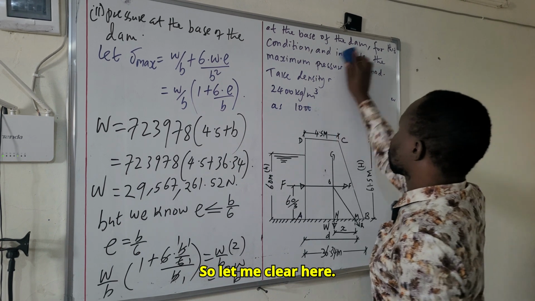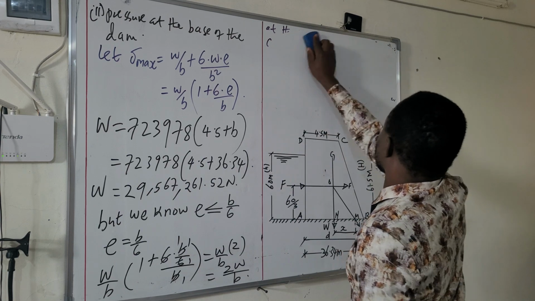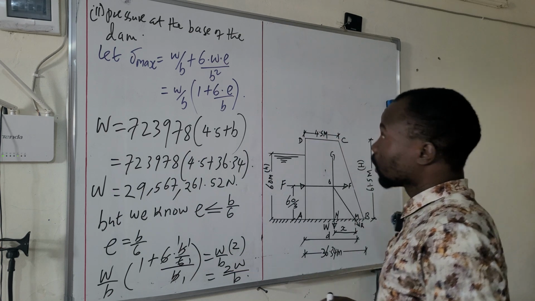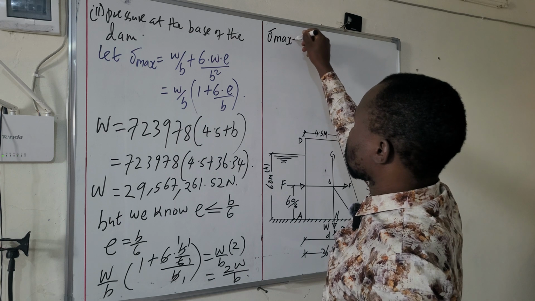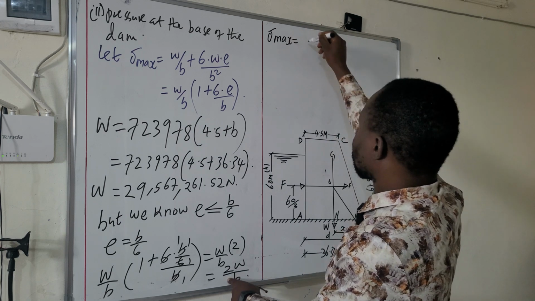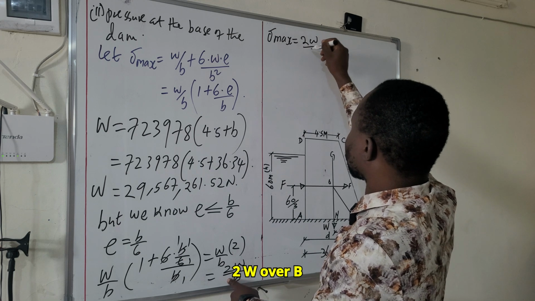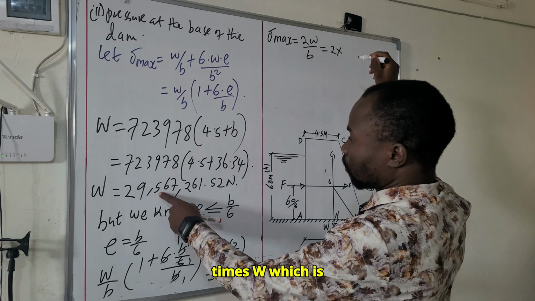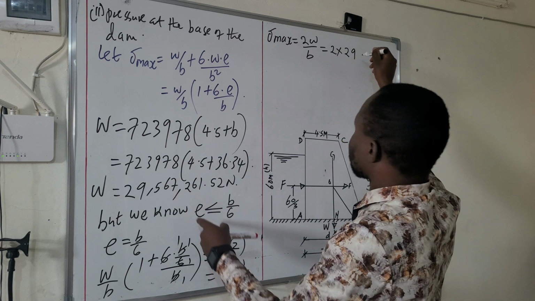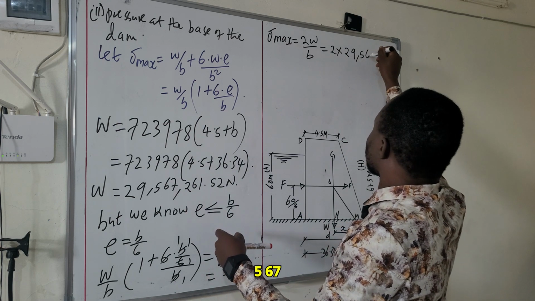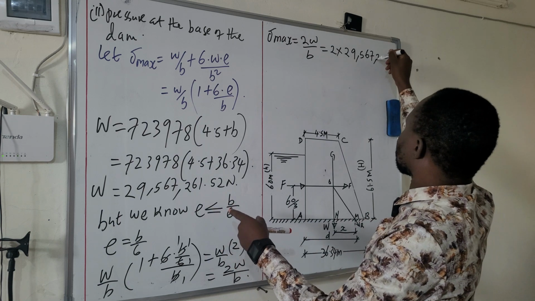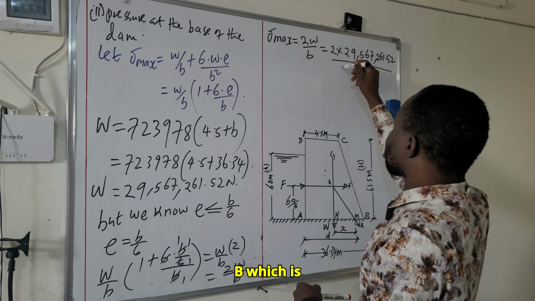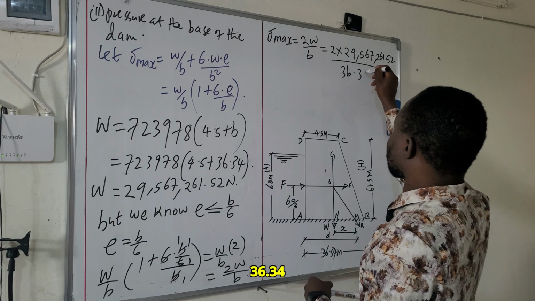So let me clear here. So we know that the maximum is equal to this now, 2 W over B. So this is equal to 2 times W, which is 29 5 67 261.52, over B, which is 36.34.